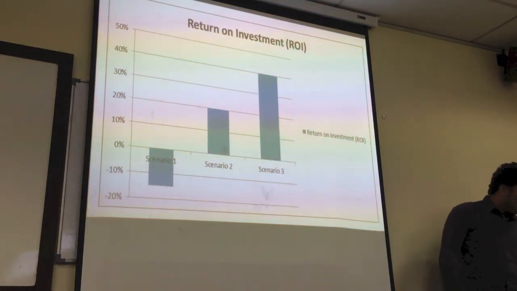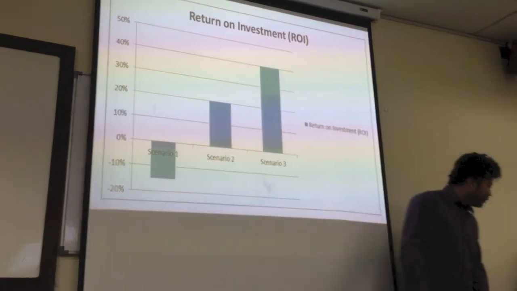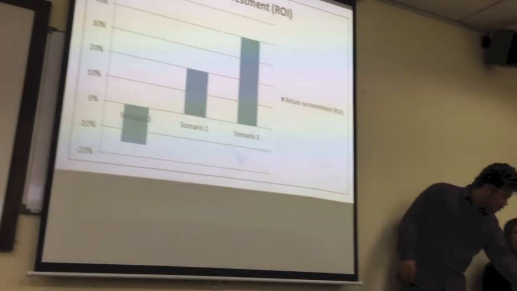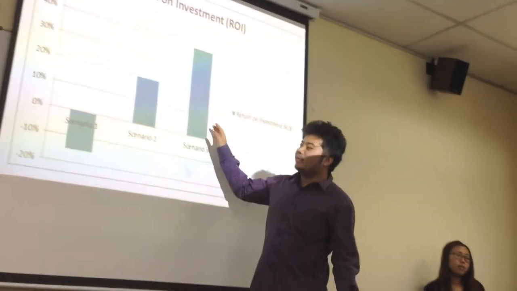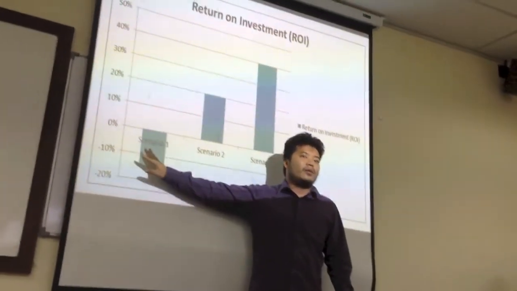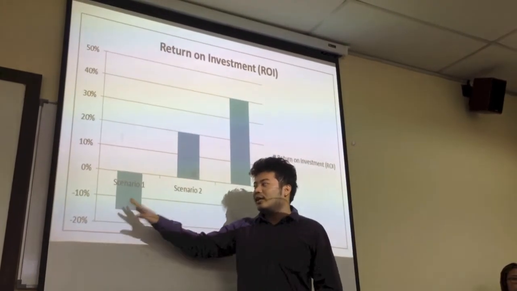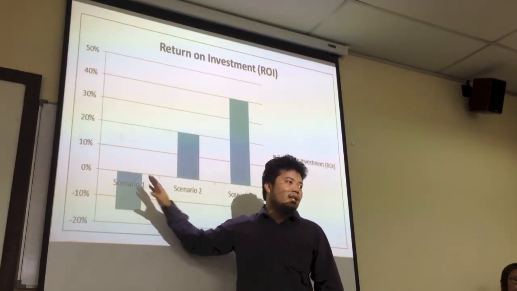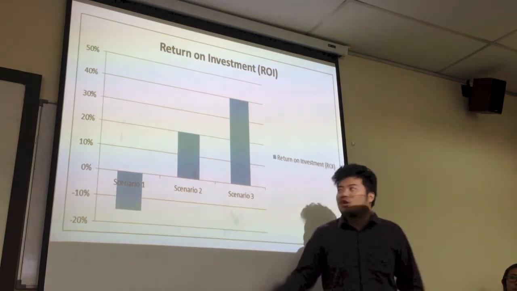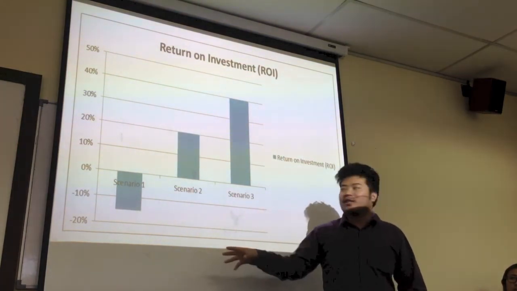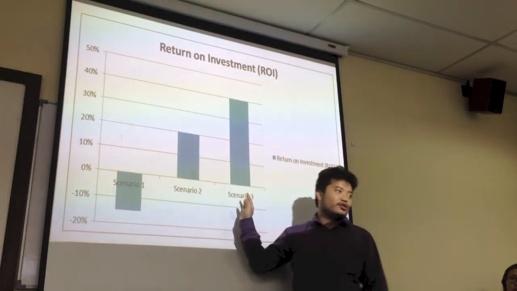The return on investment, as usual, like what you just saw, is again negative for the first scenario, which means that it's not really giving back profit as much as scenario 2 and scenario 3.